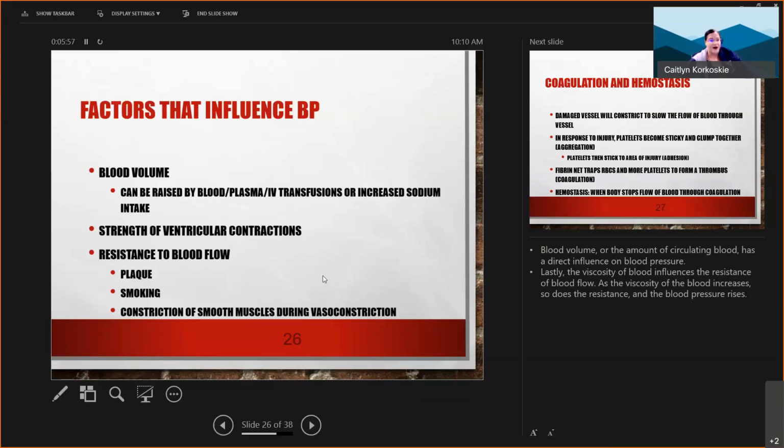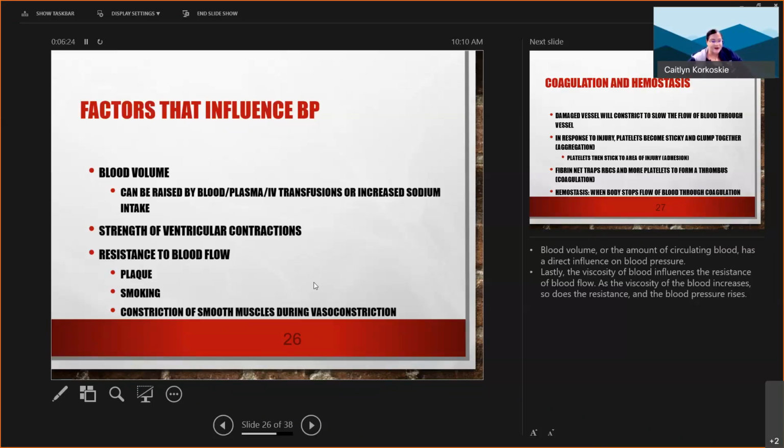All right, so some factors that could influence blood pressure are blood volume. So if someone has a disorder where they create more red blood cells, that can affect their blood pressure. The strength of the ventricular contractions, so sometimes when that electrical impulse is much stronger than what it should be.